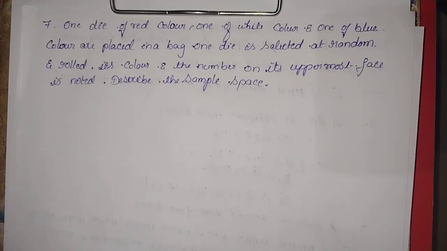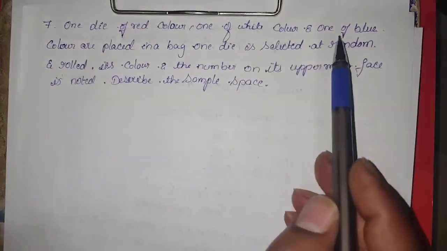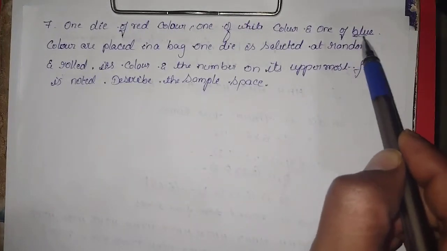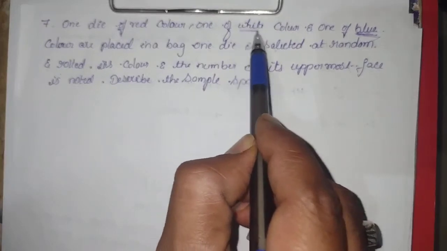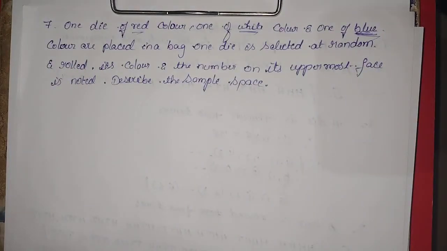Okay dear students, the next question is question number 7. One die of red color, one of white color, one of blue color. There are three colors of dice.